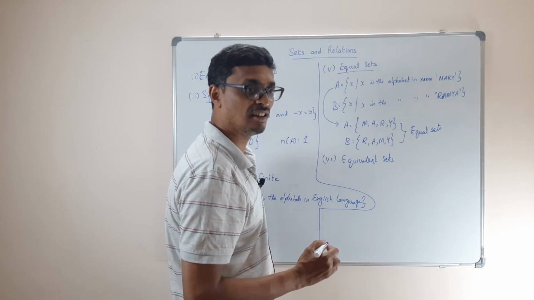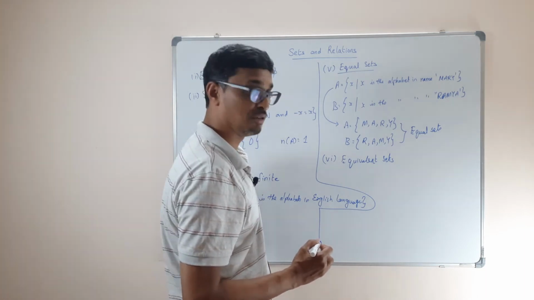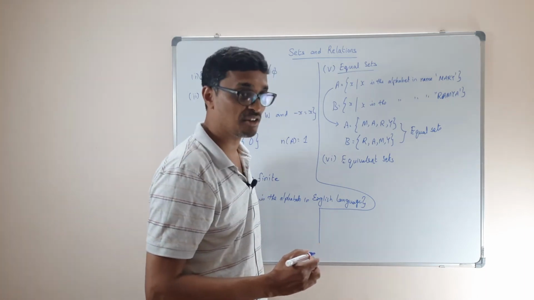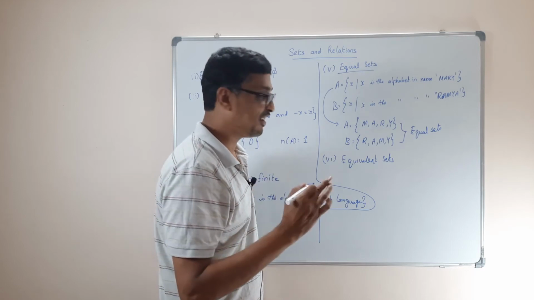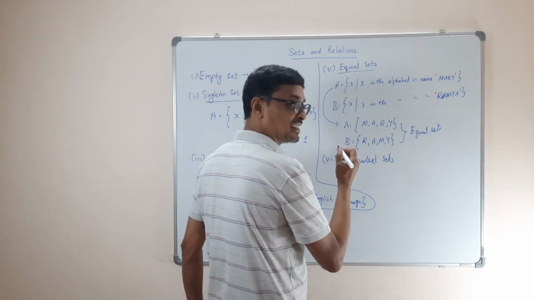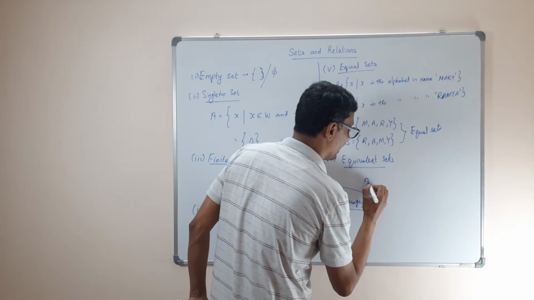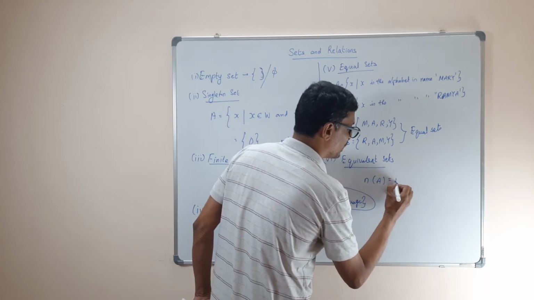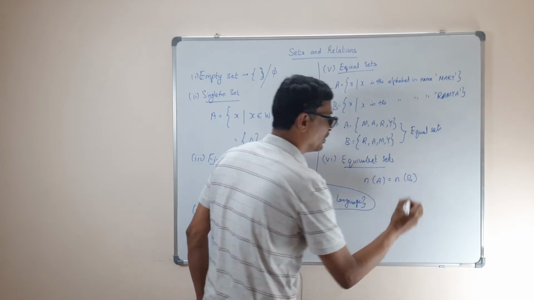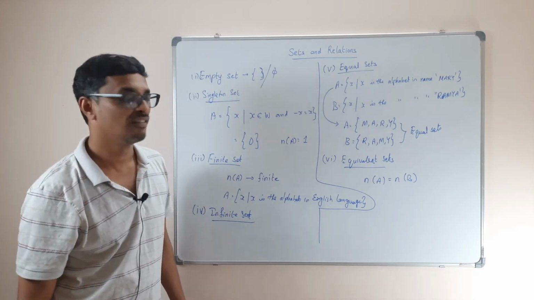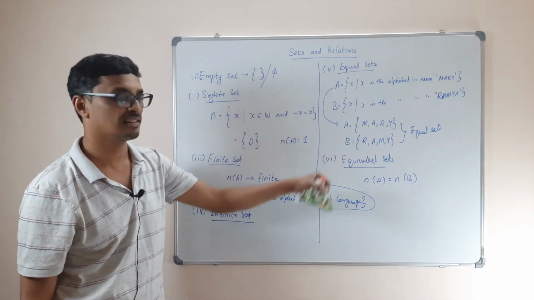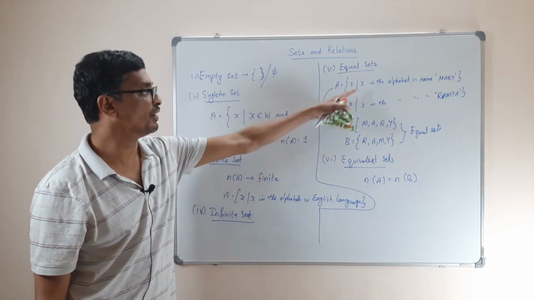A comes twice. No, when you write in the set, you don't write it twice. If two sets A and B are equivalent, n of A is equal to n of B. Are they equal?